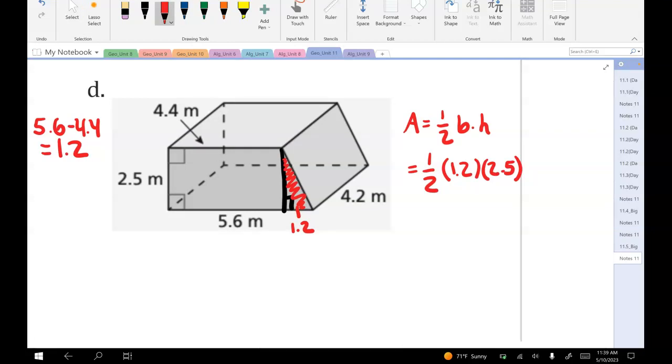So then we use our calculator to do that. 1.2 times 2.5, let's split it in half. What did I mess up? Why is my number so small?